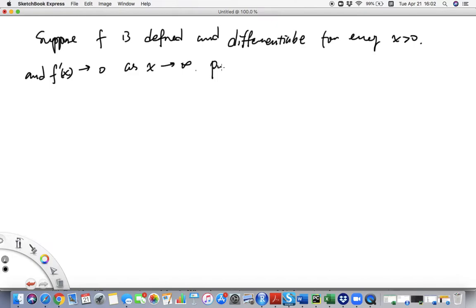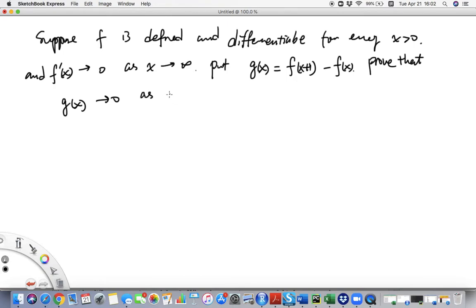So let's put g of x equals f of x plus 1 minus f of x. Prove that g of x goes to 0 as x goes to infinity.